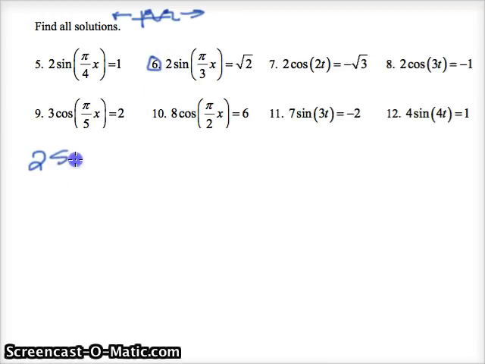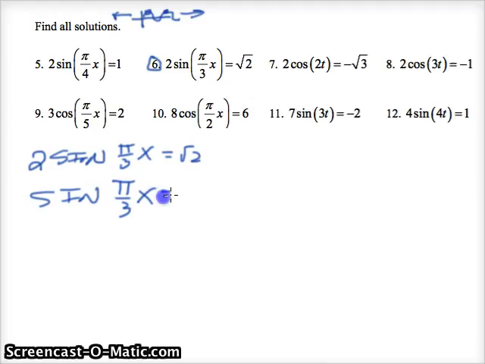So 2 sine of pi over 3 x is equal to radical 2. Well, let's divide by 2. So the sine of pi over 3 x is equal to radical 2 over 2. Now, do keep in mind that this is the angle value, and it's equal to a positive radical 2 over 2.